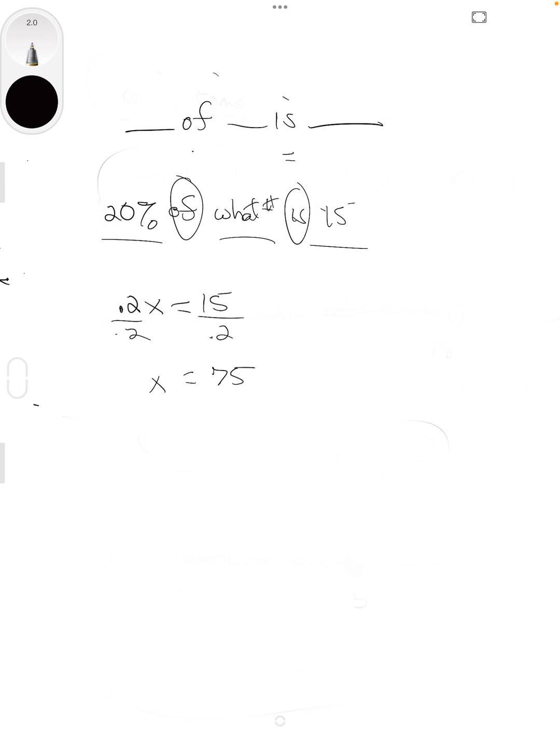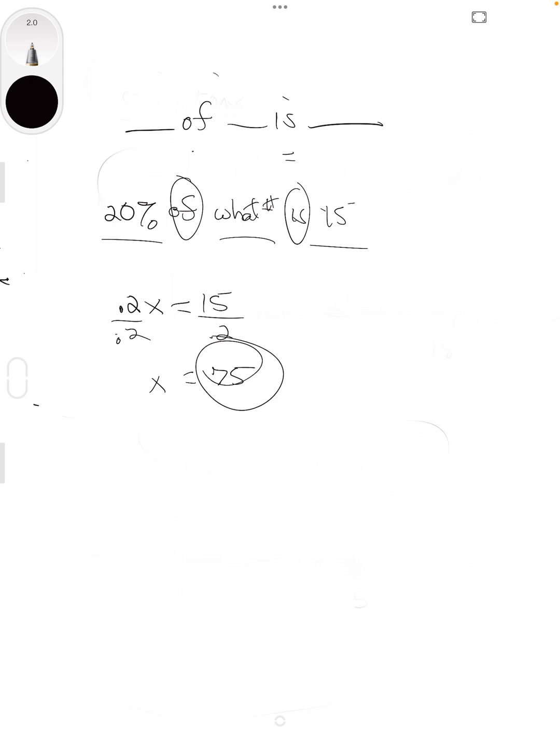Okay, and you can do that with your calculator. And so 20% of what number is 15? The answer is 20% of 75 is 15. In this case, you're just using your calculator to figure this out.